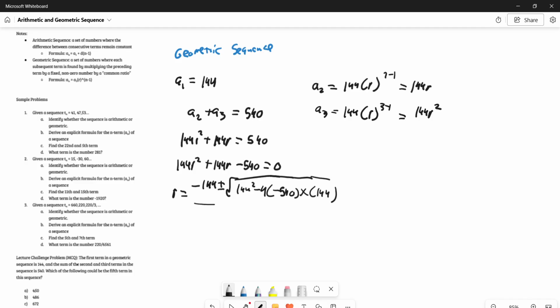I basically just wrote the positive here initially because I knew it was going to be positive since the negatives cancel out, right? This negative cancels out and it becomes plus. So we'll just make it like that right now, and then 2 times 144.